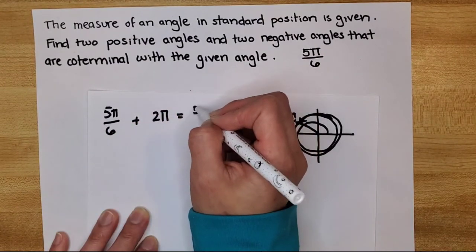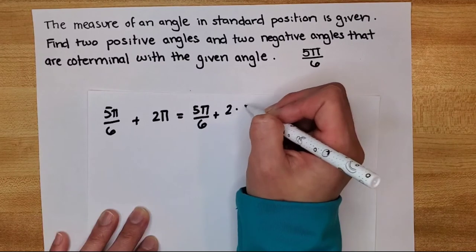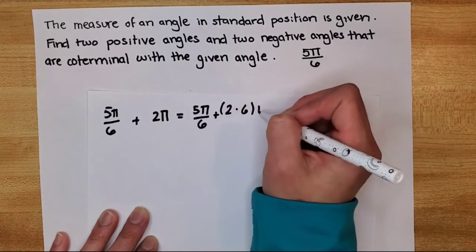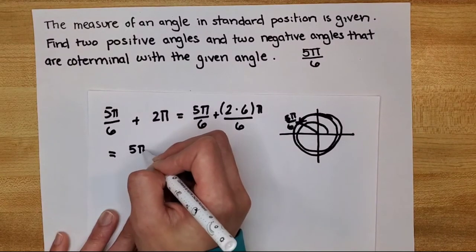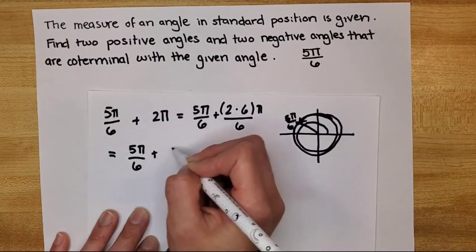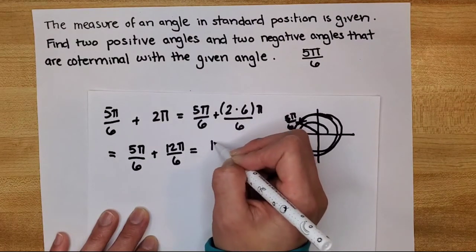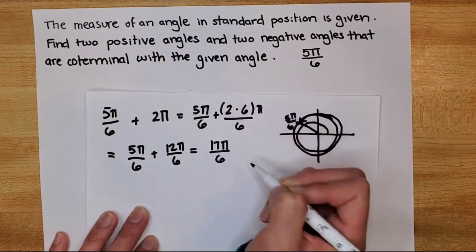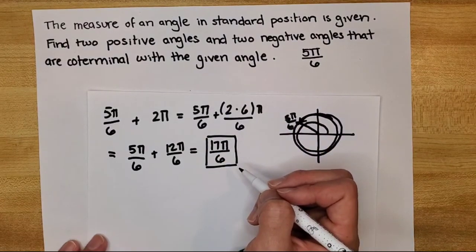Then we just simply find the common denominator, which is 2 times 6 pi over 6, to then find the value of our coterminal angle. 17 pi over 6, giving us our first positive coterminal angle.